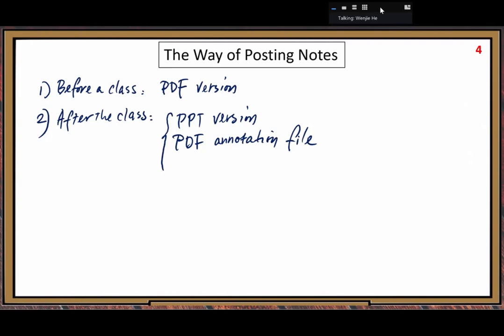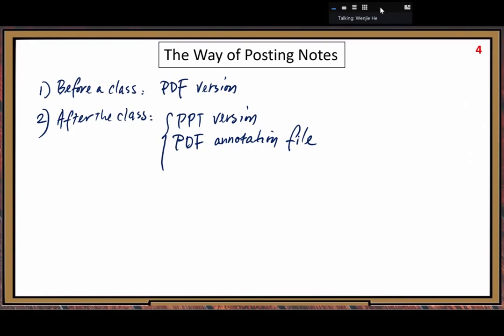So that information is also very important. When I explain things, in the PPT file I cannot put too much information, right? It would be overwhelming. I just put guideline things. So a lot of information I need to give to you through annotations. So that file is also important. After class, I post this annotation file.